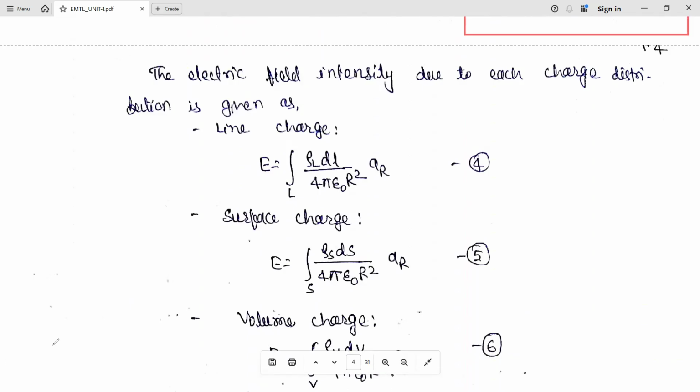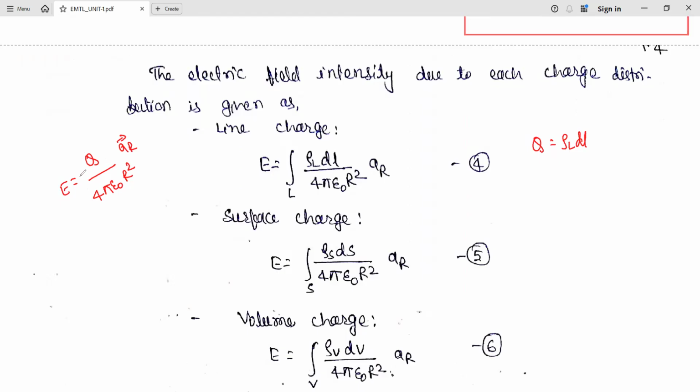Earlier we saw just the point charge. Now for line charge, the electric field intensity is the integral over the line of rho L into dl by 4 pi epsilon naught R square AR. In place of Q, we have substituted rho L into dl, since the general expression of electric field intensity is Q by 4 pi epsilon naught into R square, times the unit vector AR.